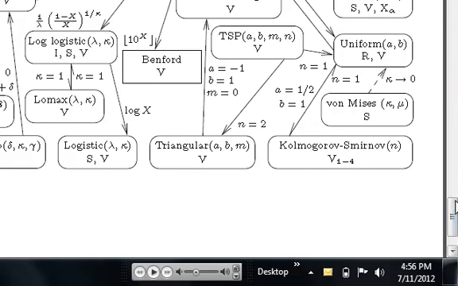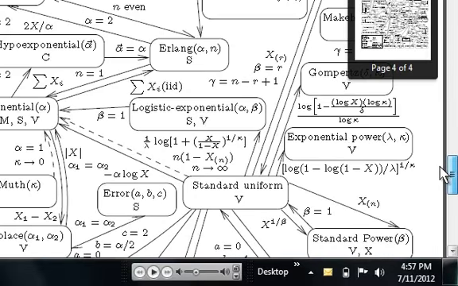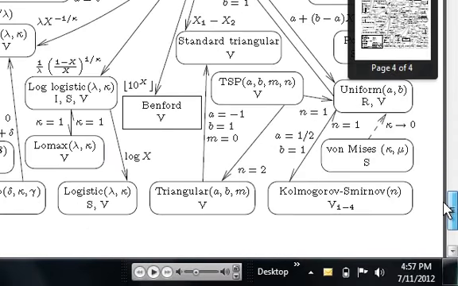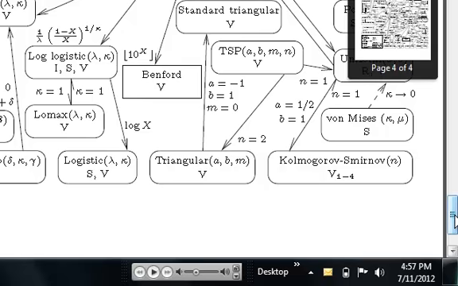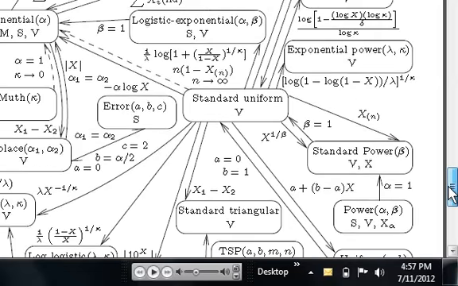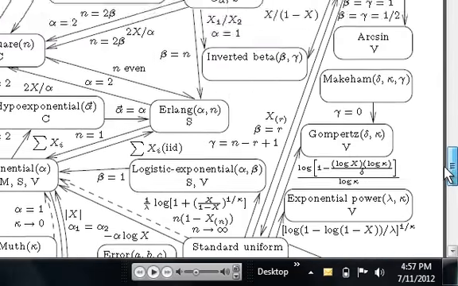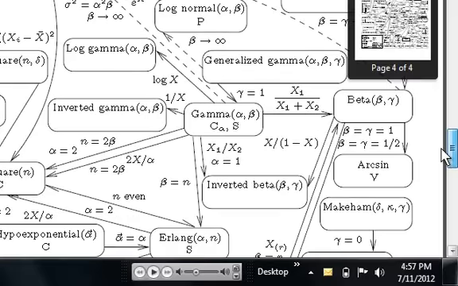For example, it was Michael that sent that email about the connection between the geometric and the negative binomial. Where is that guy? I don't see the geometric, but there should be a line between geometric and negative binomial. Toward the top is more your continuous, and there's your hypergeometric up there.